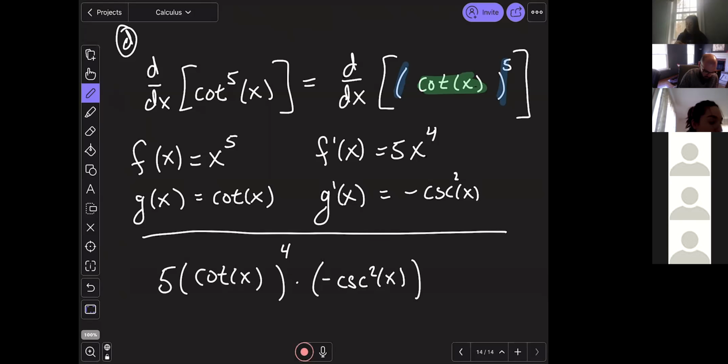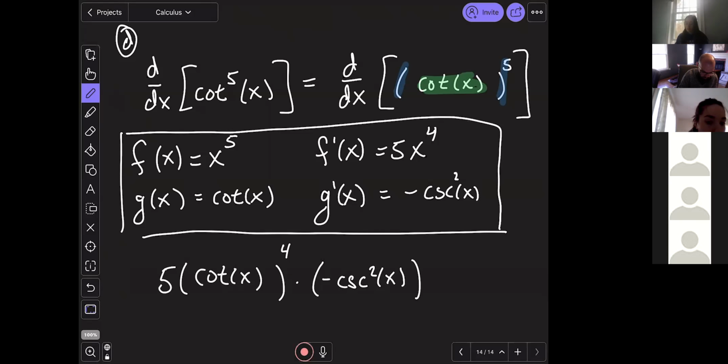All my work is in the middle here, but the answer is that the derivative of cotangent to the 5th is 5 cotangent x to the 4th times the derivative of cotangent, which is negative cosecant squared of x. So that's another example of the chain rule.